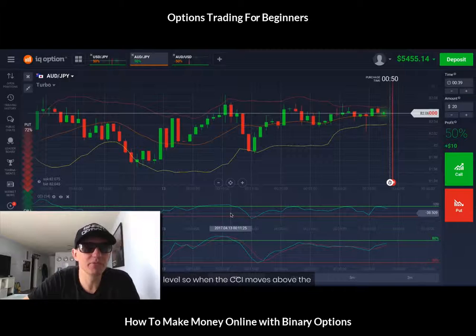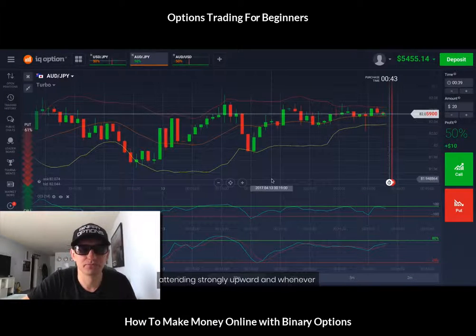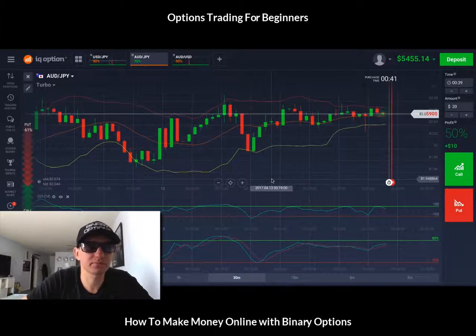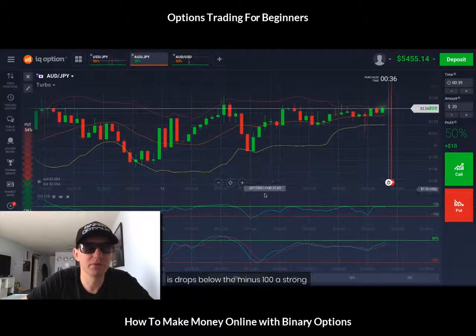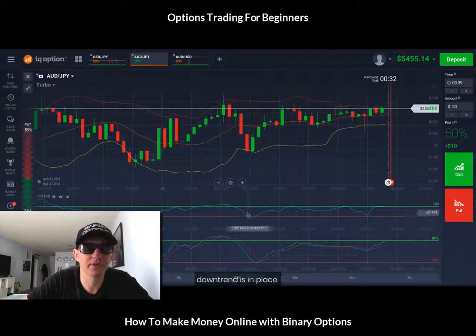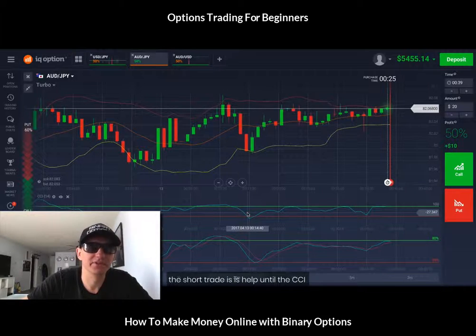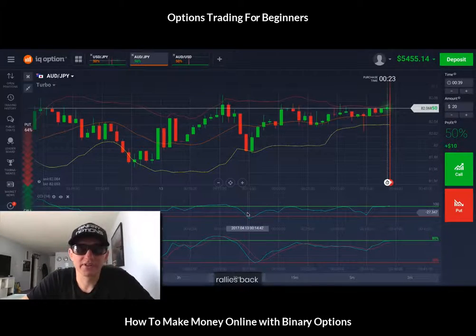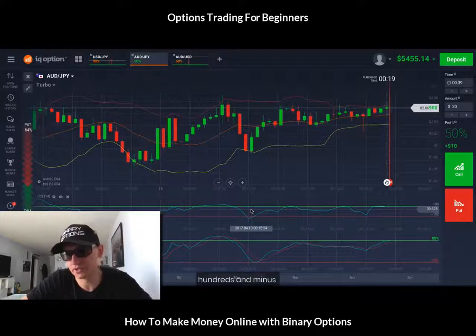When the CCI moves above the plus 100, it means that the price is trending strongly upwards, and whenever it drops below the minus 100, a strong downtrend is in place at the moment. So the short trade is held until the CCI rallies back to the range between the 100 and minus 100.